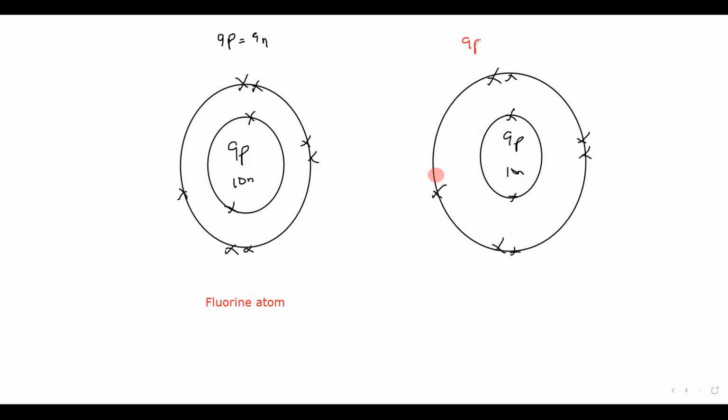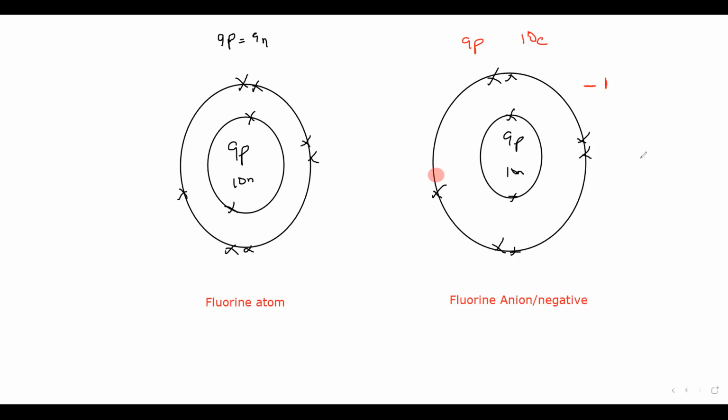It has 9 protons and 10 electrons. So what will be the resultant charge? Because of the extra electron, it will be -1. And we call this a fluorine ion, or we can also say a fluorine anion, a fluorine negative ion.